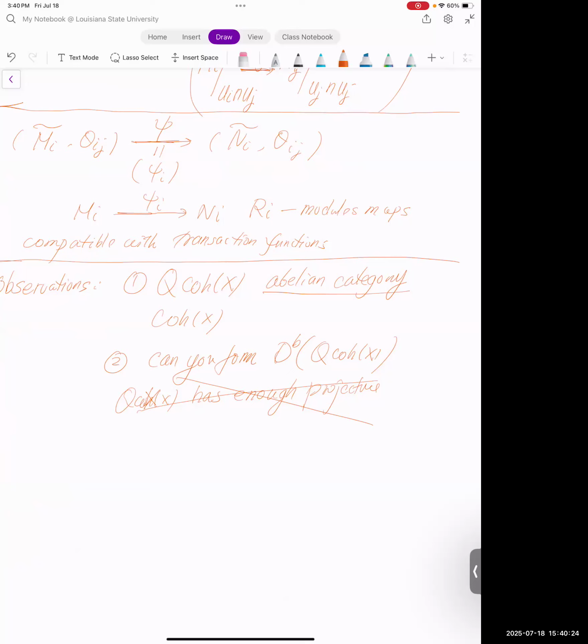But the good thing is that it is an example of a so-called Grothendieck category, which guarantees that it has enough injectives. That means you can form injective resolutions. Every object can be resolved by quasi-isomorphic injective complexes. So you can form the derived category by taking injective resolutions.